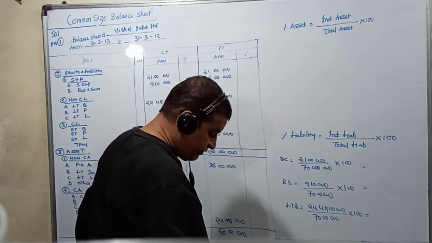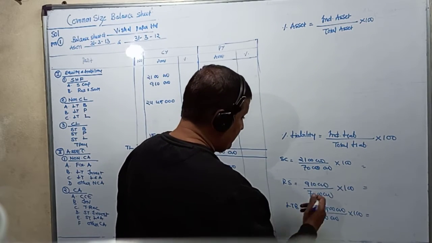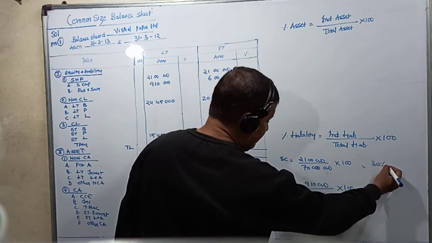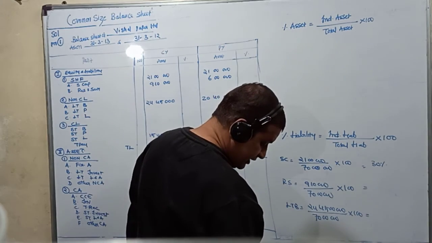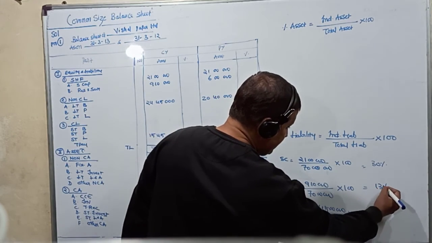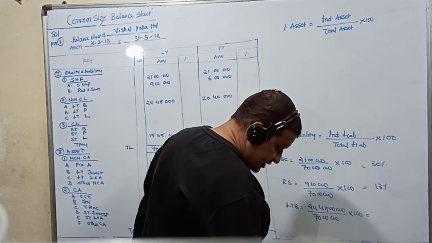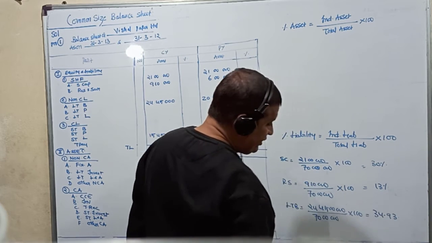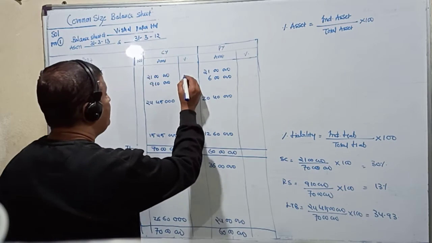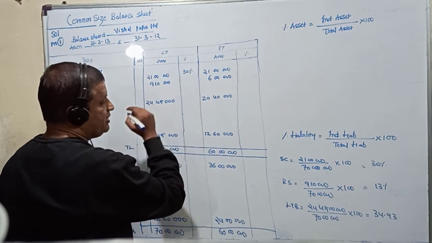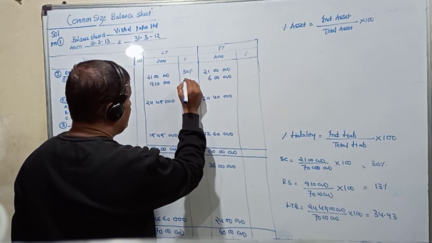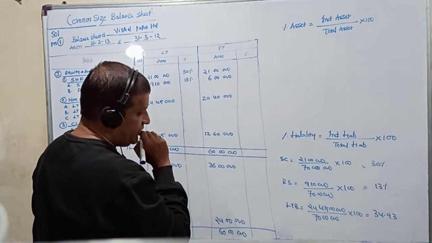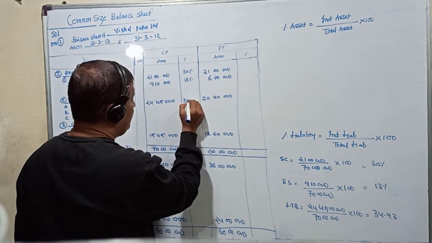The first would be 30%, the second would be 13%, the next would be 34.93%, and so on.